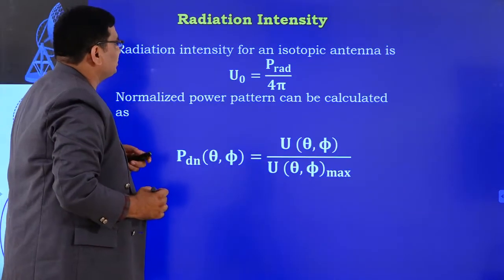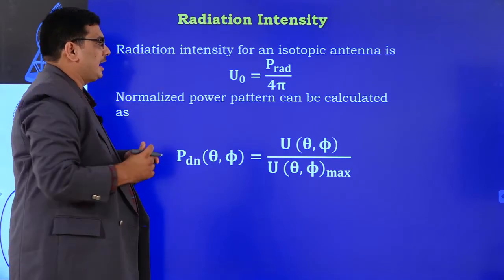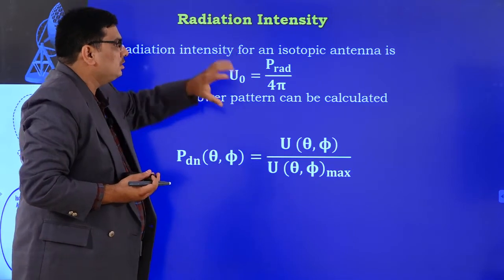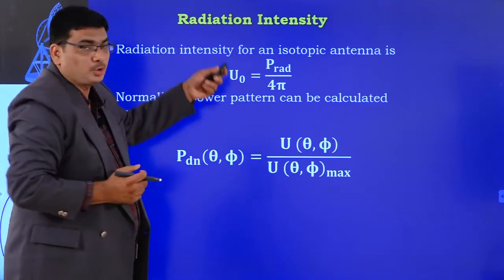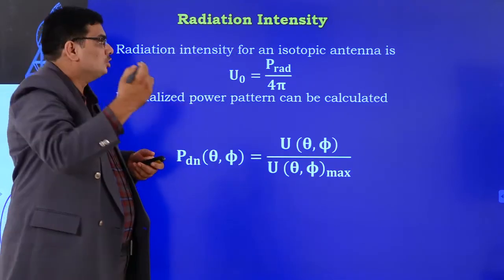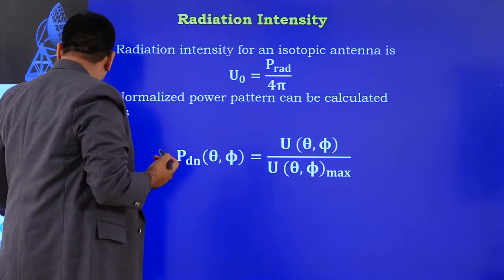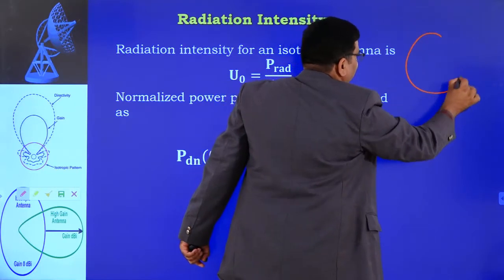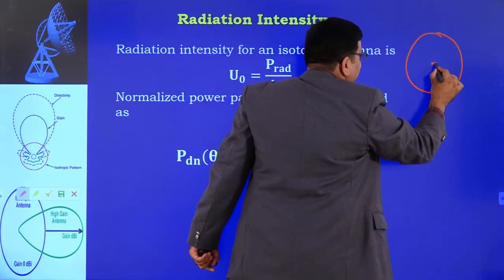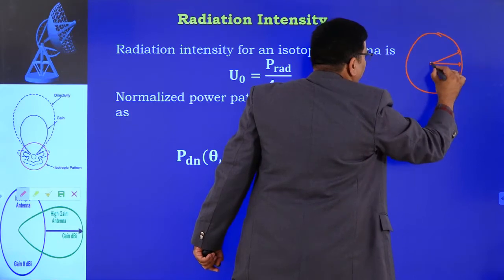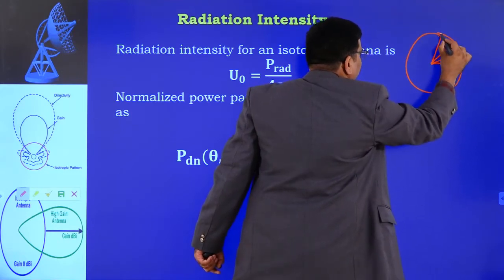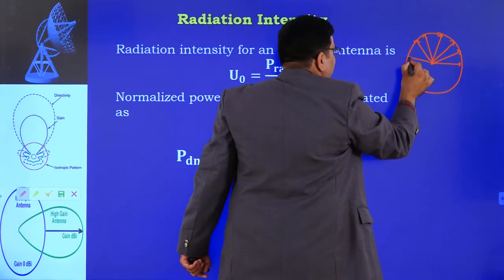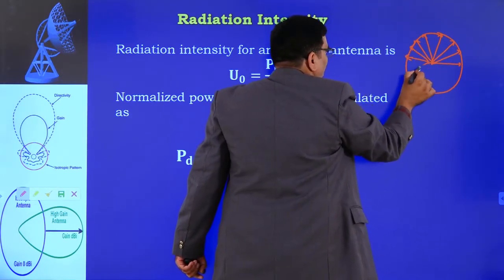Now the radiation intensity for an isotropic antenna. U naught is equal to the power radiated over the entire sphere, because for an isotropic antenna the radiation is in all directions, 360 degrees. This is the property of an isotropic antenna: each and every point on the sphere should be equal. Whatever power is radiated in one direction must be matched in all the directions.